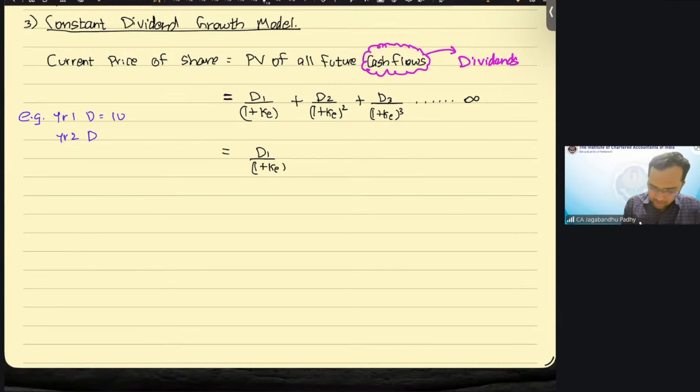What will be the dividend in the second year if your dividend is growing at 8% every year? So your growth is 8%. Tell me, what will be the amount of dividend in the second year?